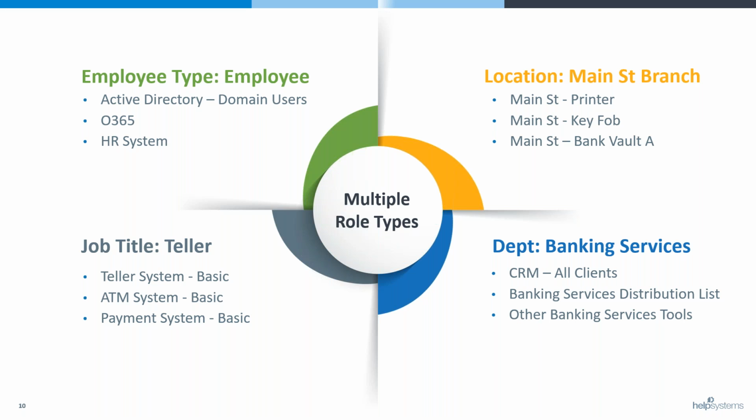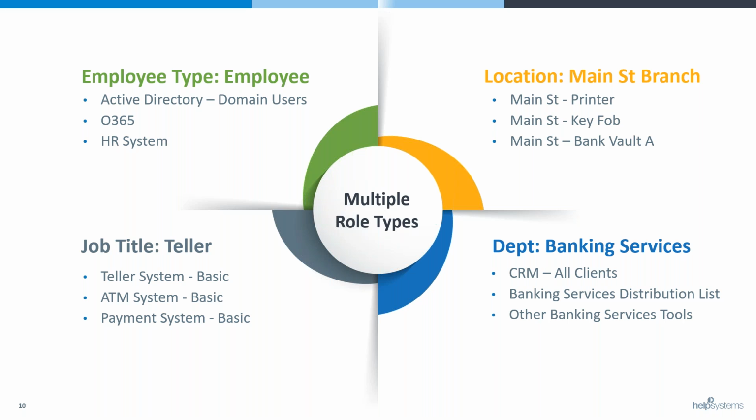We see from the HR data that the user is an employee, so they would be assigned an employee role, which would give them Active Directory, an O365 email license, and possibly access to some HR system, like ADP.